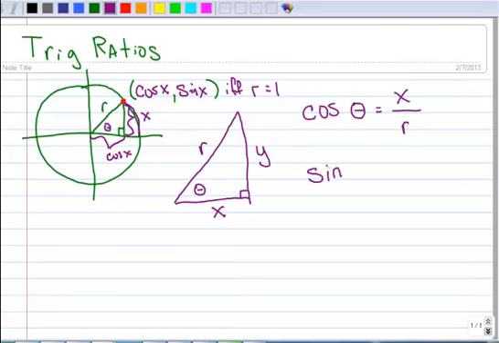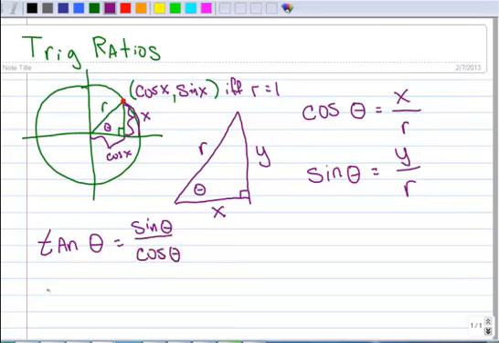Likewise, the sine of theta, the ratio of that is y over r. And let's skip over here and say the tangent. So you know the tangent of theta, well, that's the sine of theta over the cosine of theta, and you've got y over r divided by x over r.